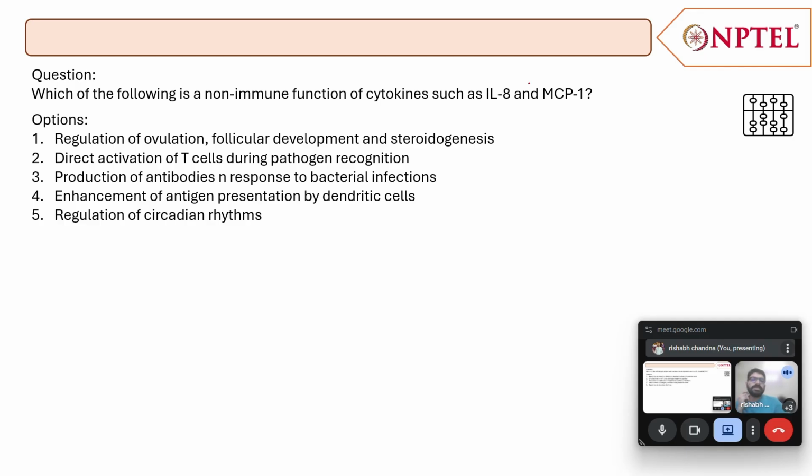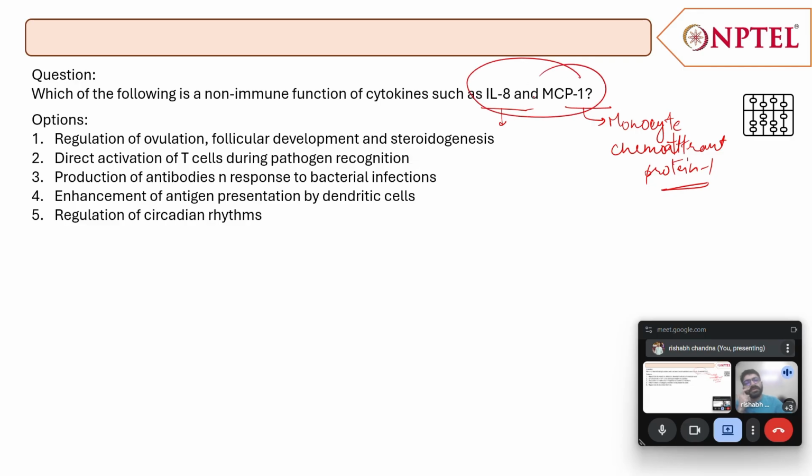So both of these cytokines, IL-8 and MCP-1. IL-8 is interleukin 8, and MCP-1 is monocyte chemoattractant protein 1. These two are mainly produced by the macrophages, and their major role includes regulation of the ovulation, follicular development, and steroidogenesis.